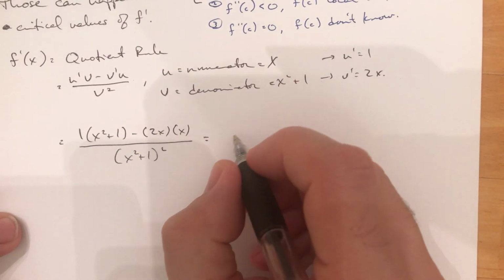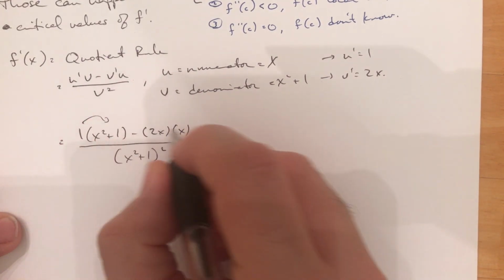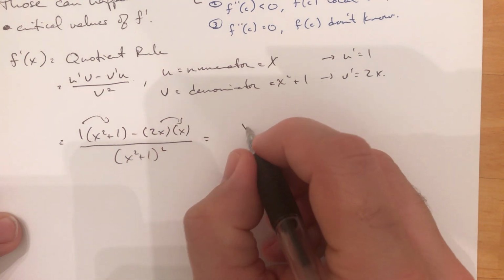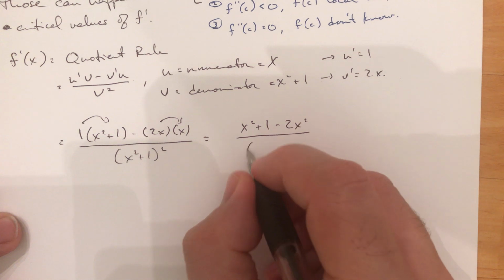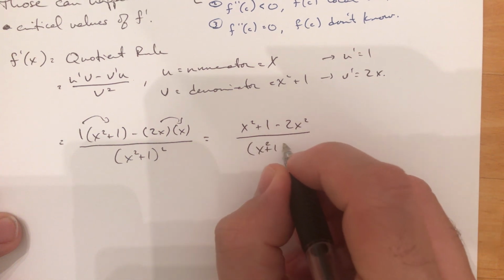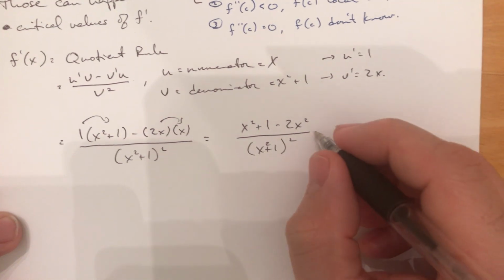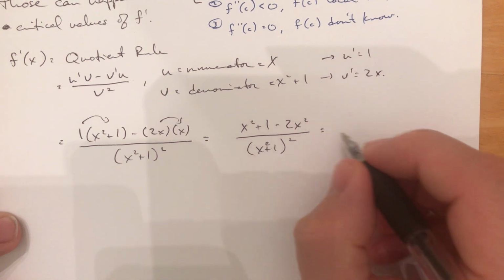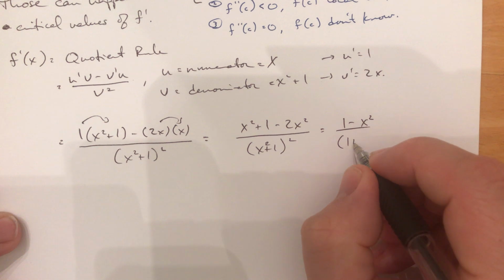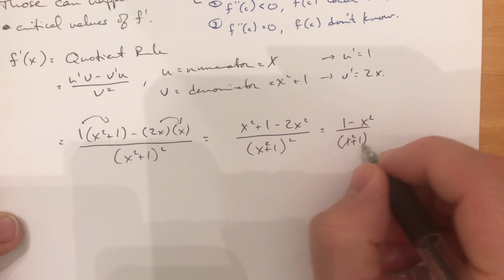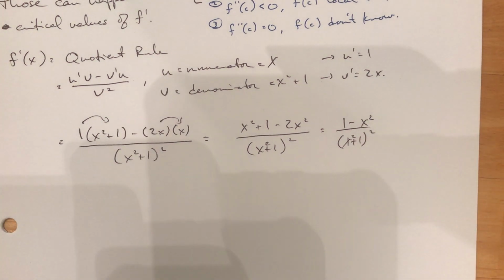We'll simplify, distribute, and we get x squared plus 1 minus 2x squared over x squared plus 1 squared. X squared minus 2x squared are like terms, and that leaves us with 1 minus x squared over x squared plus 1 squared.